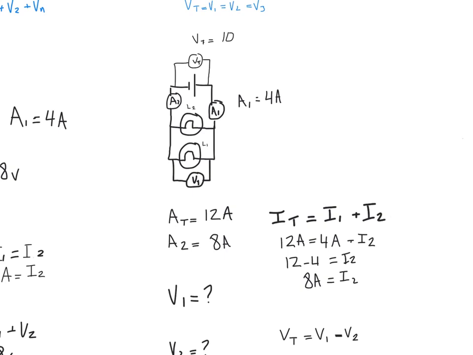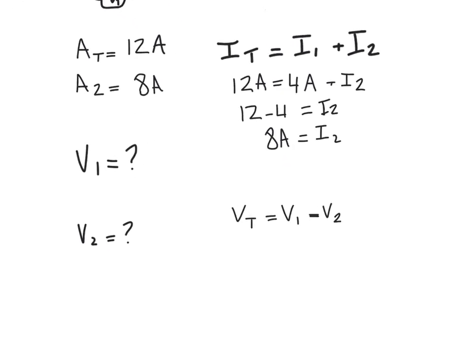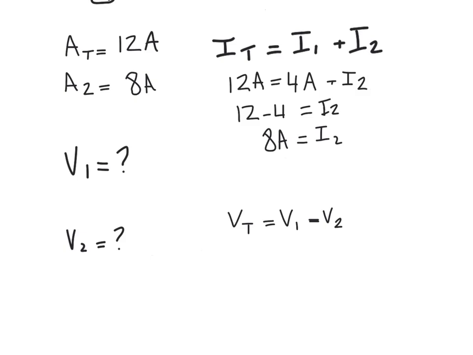That's why it's important to label everything as 1, 2, 3, total, whatever. So if our total voltage is 10, that means our voltage for V1 is 10, which means our voltage for V2 is 10. And so that means we have 10 and 10 volts for both of these.